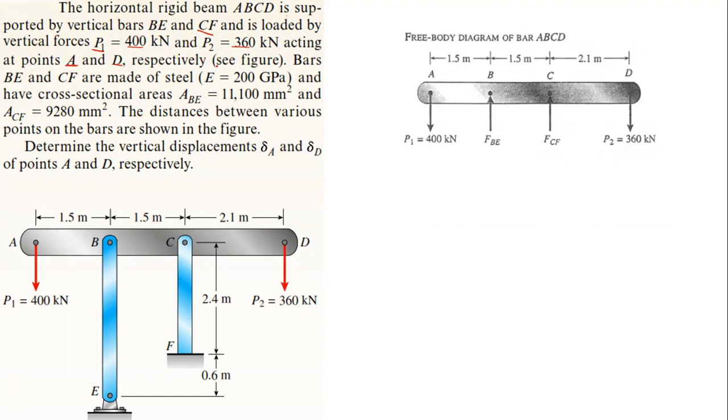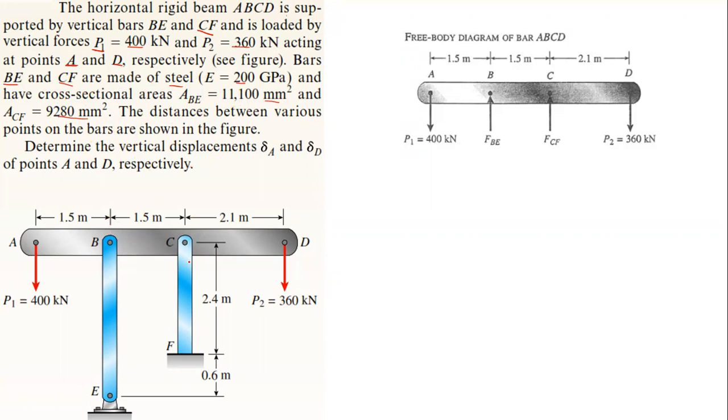Okay, so bars BE and CF are made of steel with E equal to 200 GPa and have cross-sectional areas of 11,100 square millimeters for bar BE and 9,280 square millimeters for bar CF.